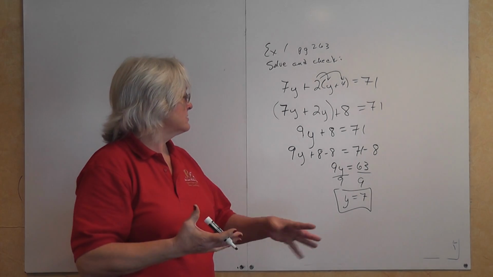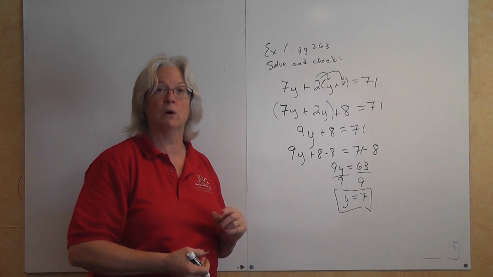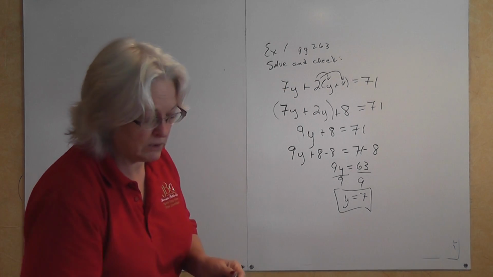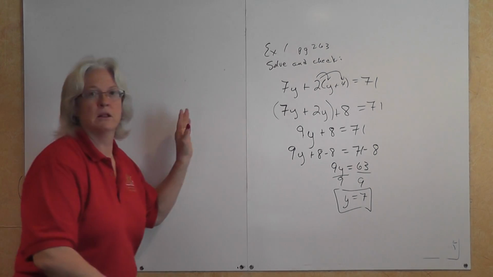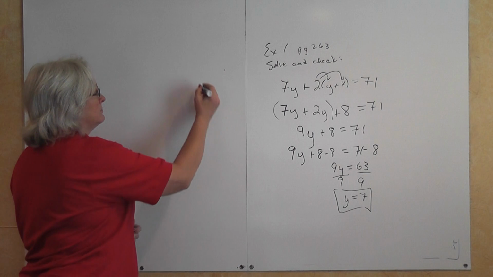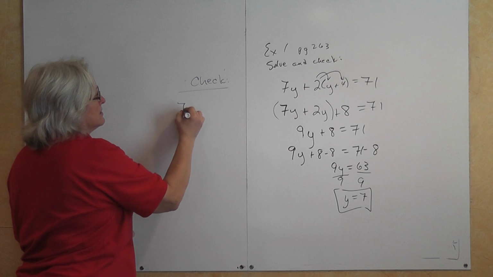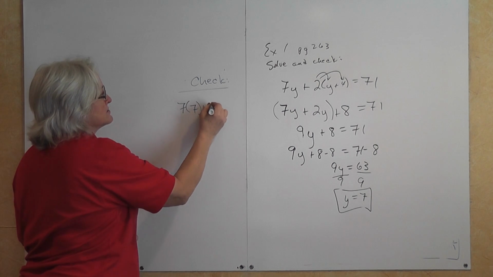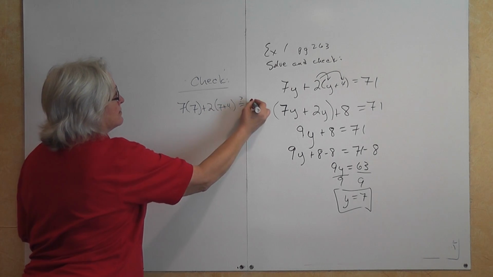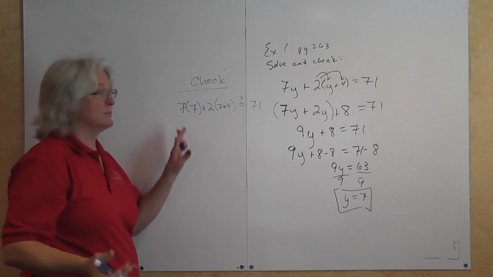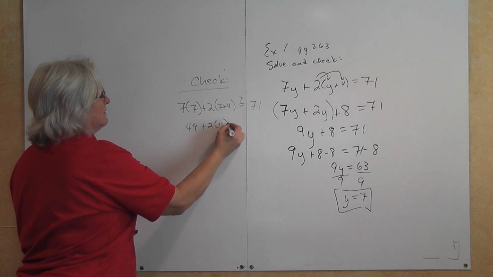Now how would we check this? We take that value of 7 and plug it back into our original equation. Let me show you my check. 7 times 7 plus 2 times 7 plus 4. Is that equal to 71? 7 times 7 is 49 plus 2 times 11.